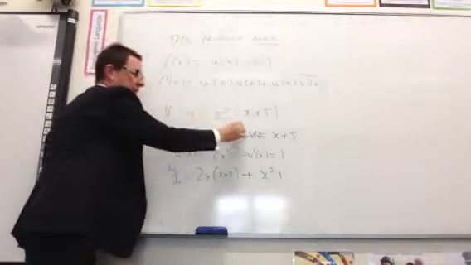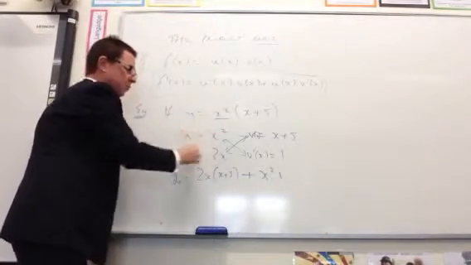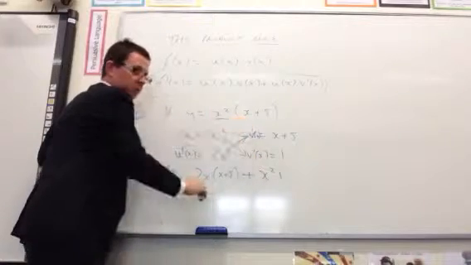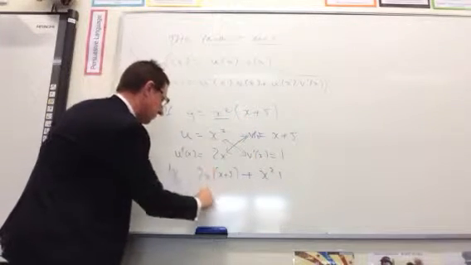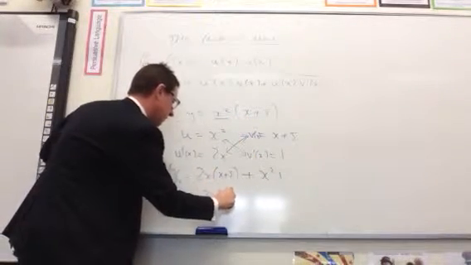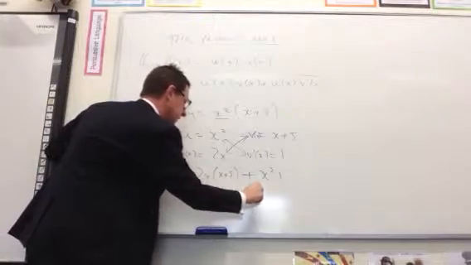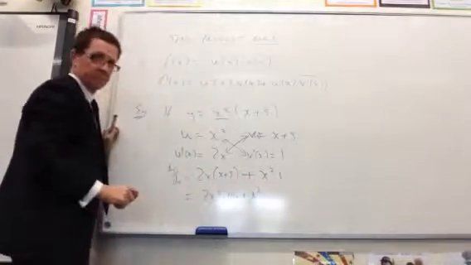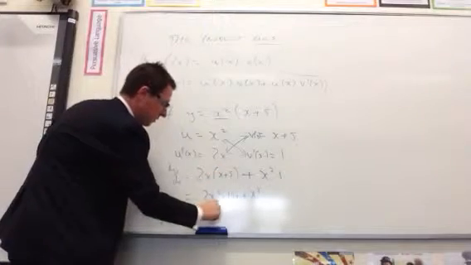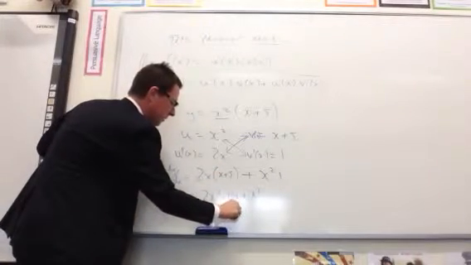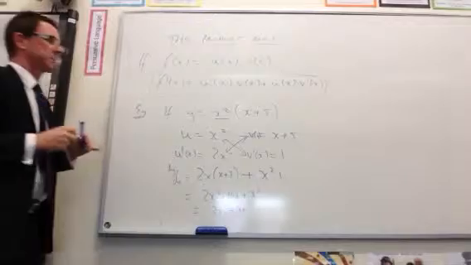So, label u and v, derive them both, cross multiply. So the answer will be 2x squared plus 10x plus x squared, expand the brackets, 3x squared plus 10x.